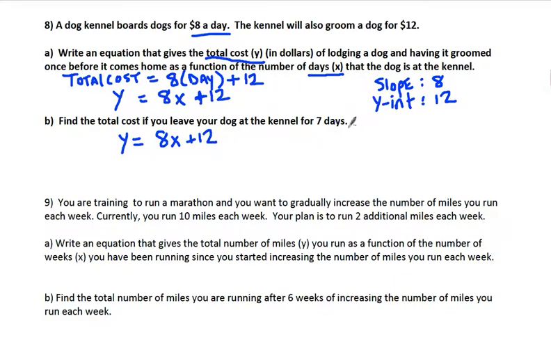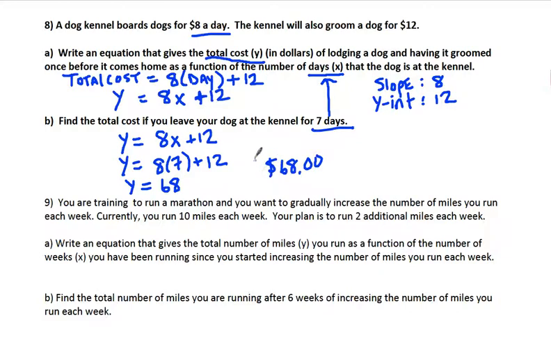And if we are leaving it there for 7 days, remember that days are X. So we're going to put a 7 in for X. And then all we have to do is type this in our calculator. 8 times 7 plus 12 is going to be 68.